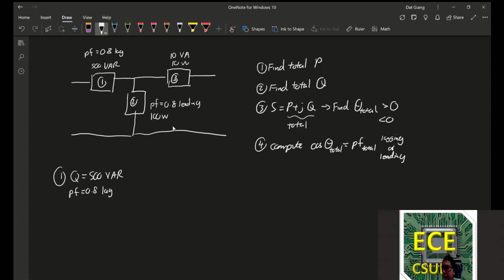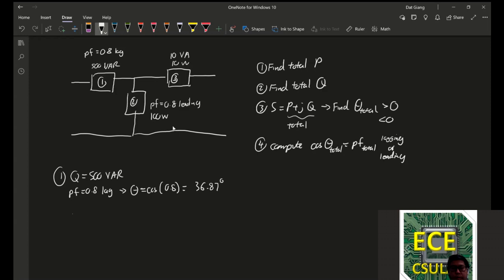Because lagging indicates that the angle is going to be greater than 0, if we take the inverse cosine of 0.8, doing that calculation, you get about 36.87 degrees. Okay, that's fine.